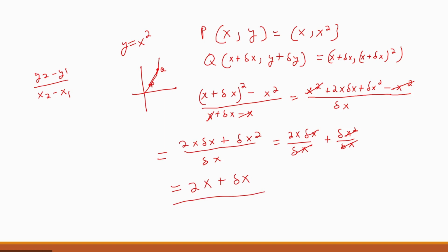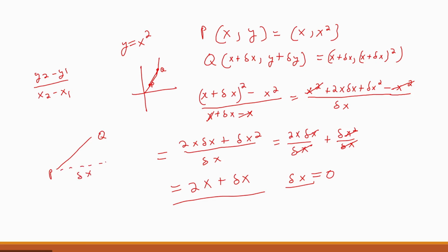Now since I only need the gradient at a specific point and that specific point is p, what I'm going to do is make the change in x equal to 0. It means it will tend to 0. The distance between the points is going to decrease. For example, there was a line like this, p and q. Now the distance, as you can see, this was the change in x.